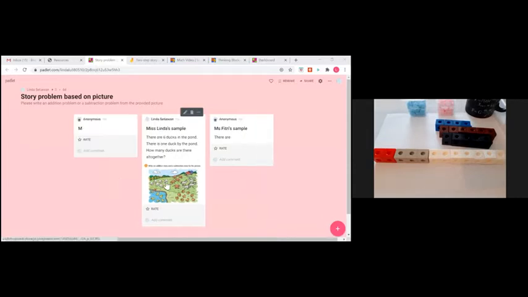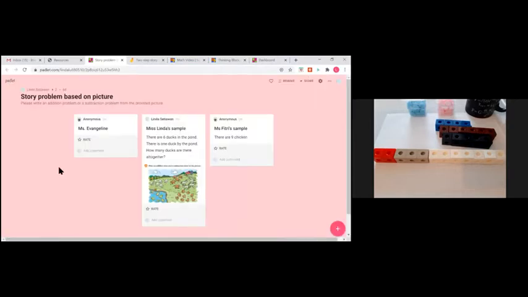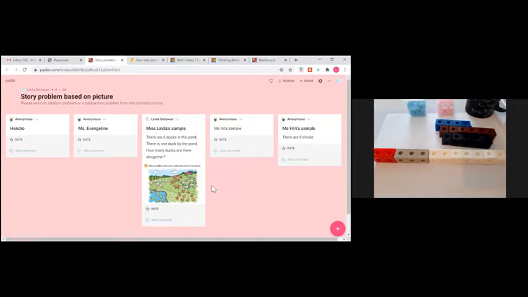I think you can also click on the picture if you want to enlarge it. If it is a little too small, I see that some of you are looking very closely to your computer screen. You can click on the picture and it will enlarge it for you. Oh, Pa Hendro is participating as well, or do we have a participant named Hendro?